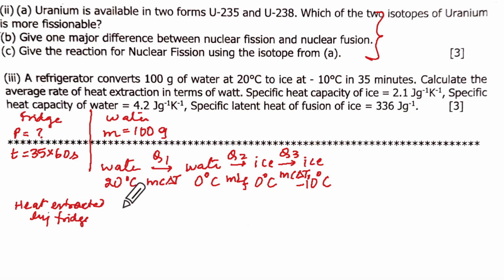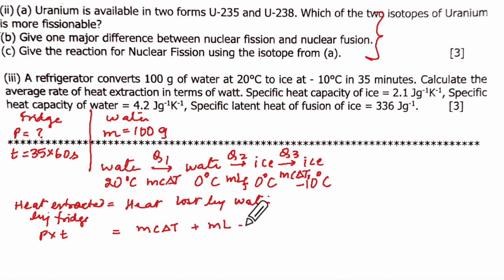is equal to heat lost by water. Okay, this will be P into T, and here it will be MC delta T plus MLF plus MC delta T1.